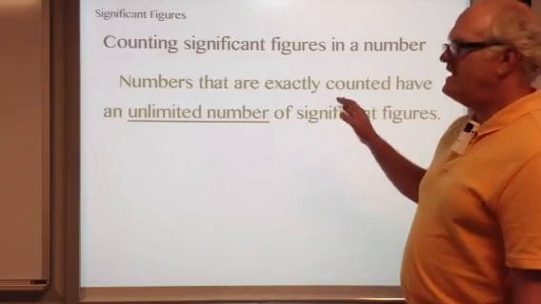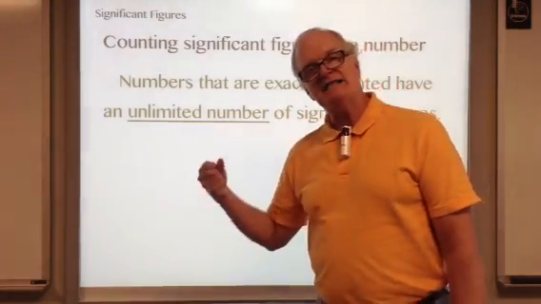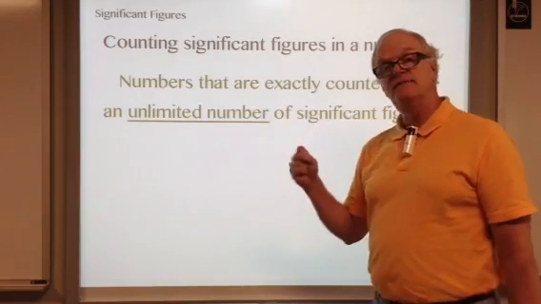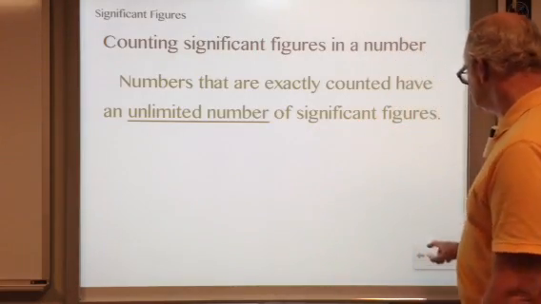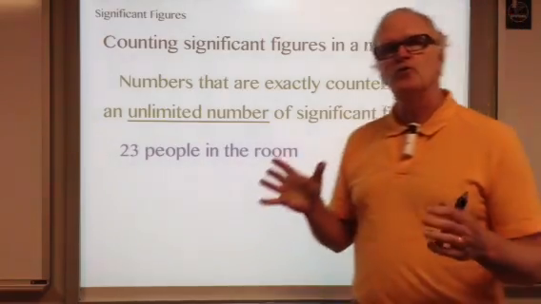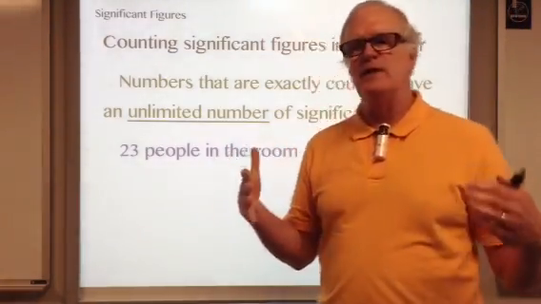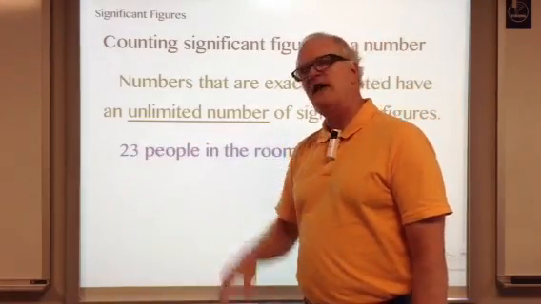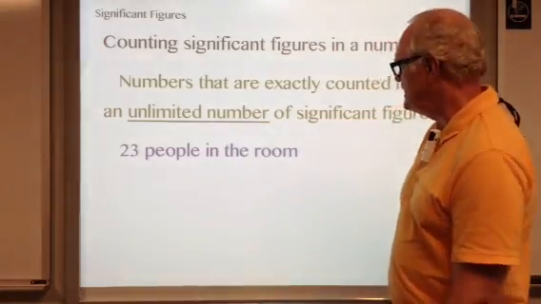First of all, if we have a number that has been exactly counted, that number is said to have an unlimited number of significant figures. Let's look at an example to understand that a little bit. Suppose we're in a room with a number of people that we can count. Somebody counted the number of people in a room and wrote down 23 people in that room.